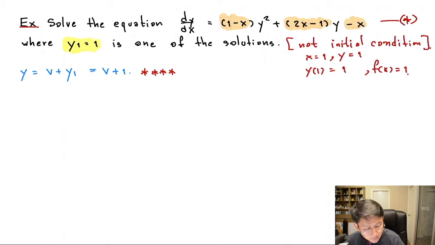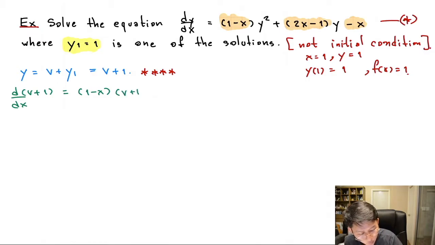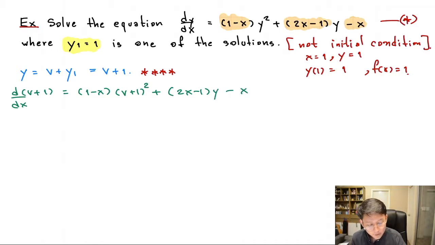So what I have is d(v plus 1)/dx equals (1 minus x) y squared, which is (v plus 1) squared, plus (2x minus 1) y, minus x. Sorry, y is v plus 1, minus x. So you basically substitute y by v plus 1.